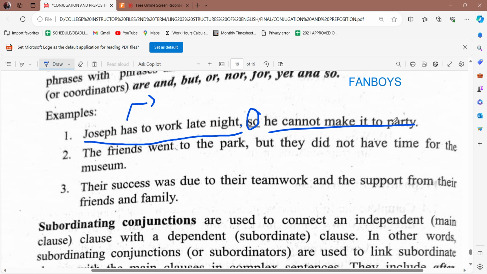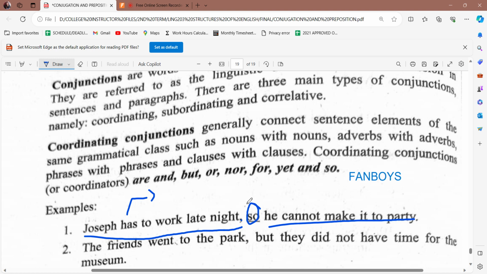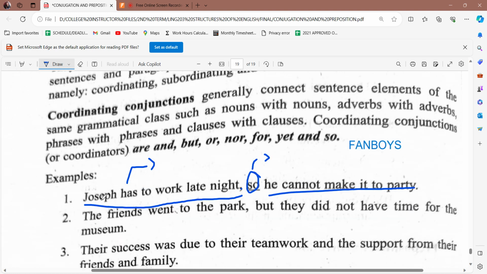When connected together, they are connected by a coordinating conjunction. So it is: Joseph has to work late, comma, so he cannot make it to the party. Again, a coordinating conjunction connects two independent clauses.